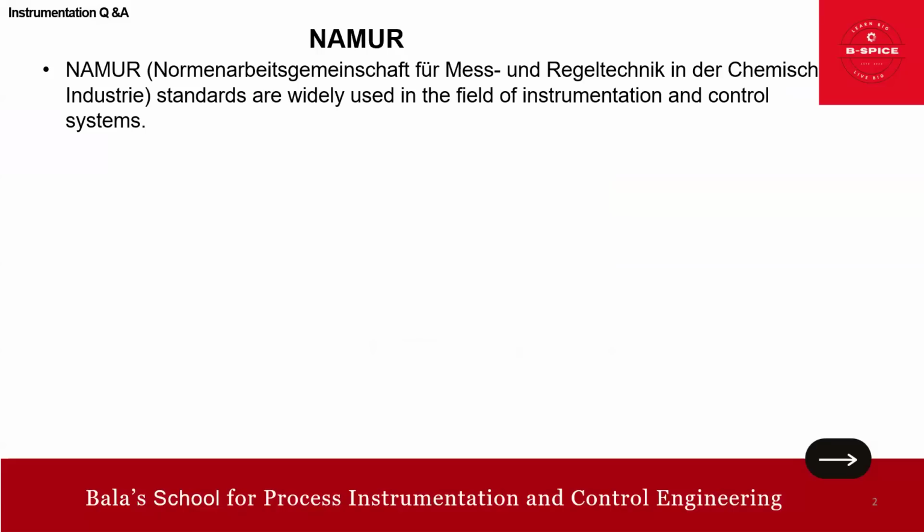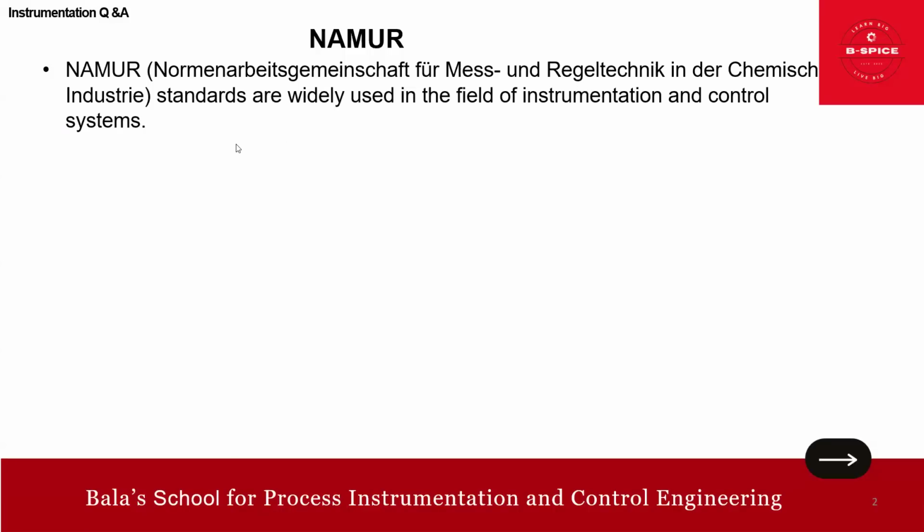Where did this word NAMUR come into picture, how did it come into existence? N stands for nominal bridge main shaft, then you have M, mess, and Regal technique in the chemistry industry.